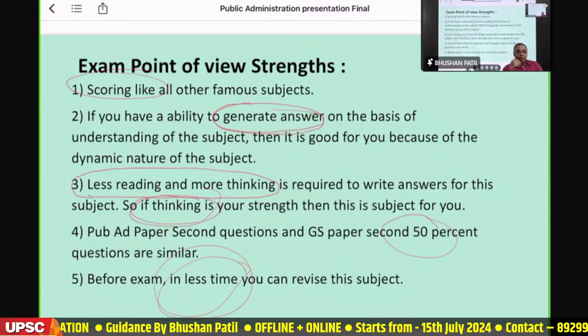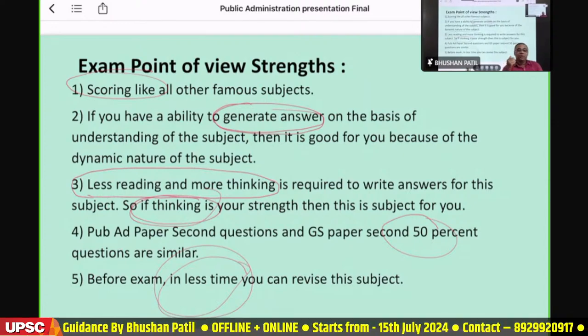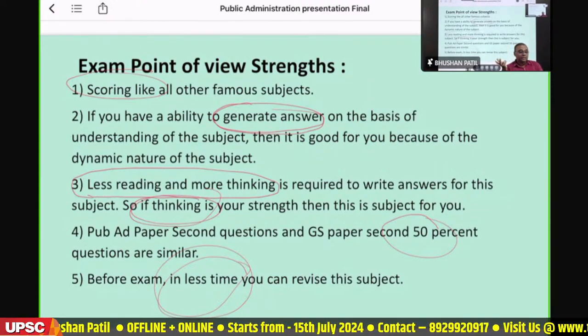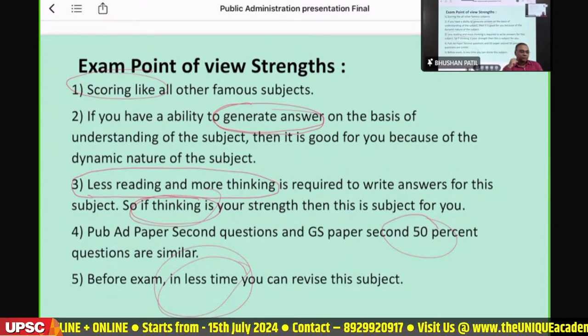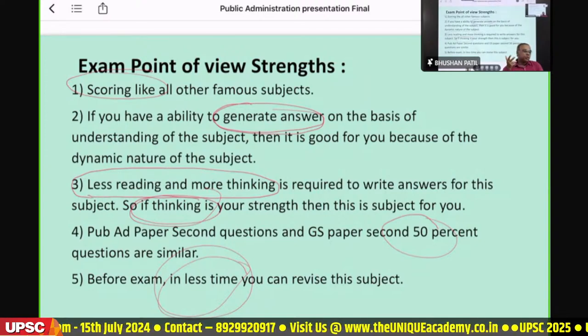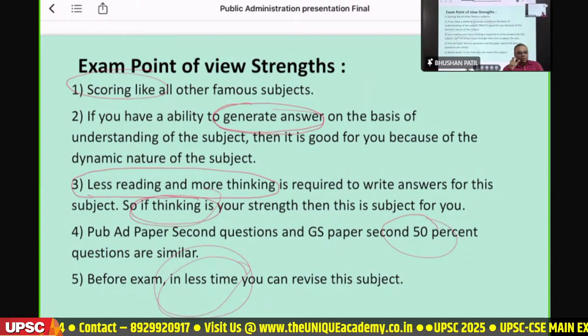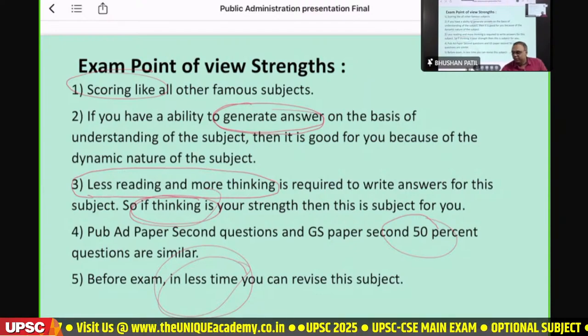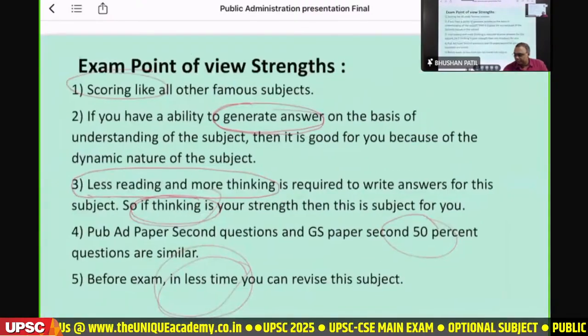Some topics in GS also are lengthy, like ecology. Even GS paper 3 is more factual, there you need to read more, right? Or the history part, in history also you need to read more. That time, in less time you can revise this optional subject. But some optional subjects require more time.